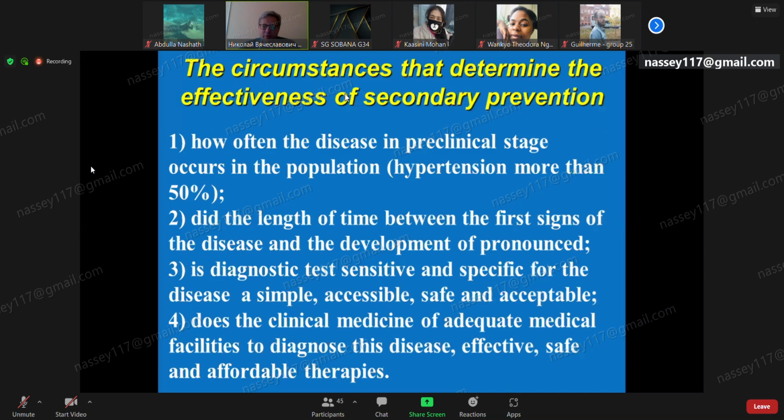Now let's enumerate the main circumstances that determine the effectiveness of secondary prevention. The first circumstance is how often the disease in the preclinical stage occurs in the population.